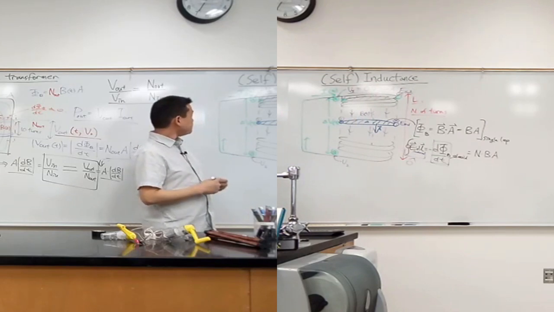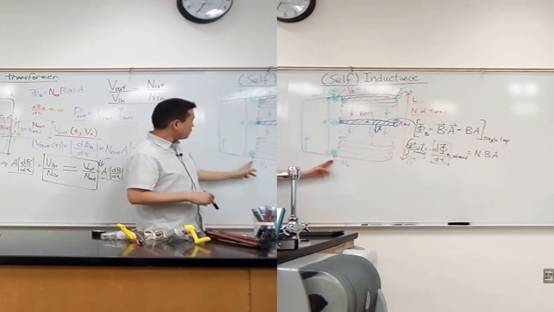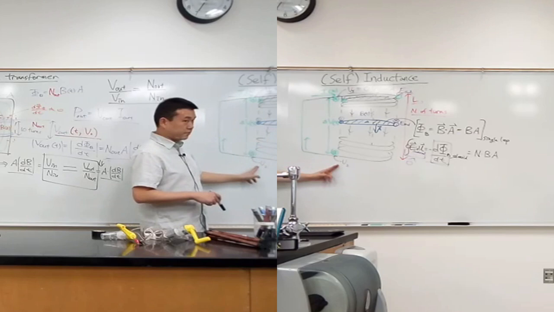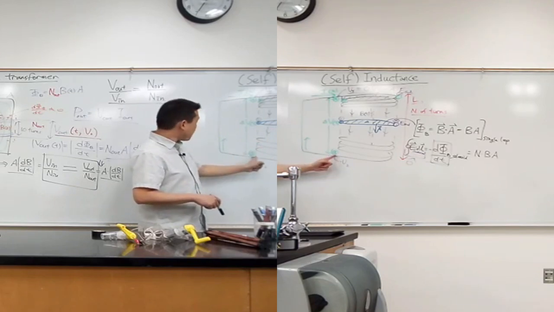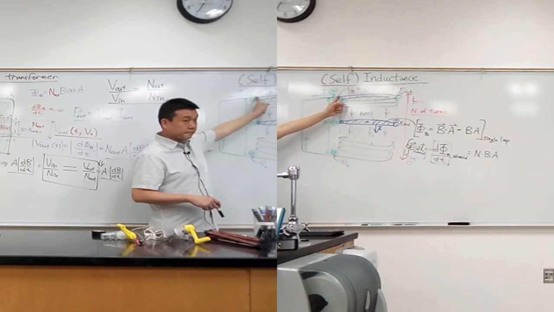Then out, having gone through the loop, out here you have higher voltage, V2. And when I complete the rest of the circuit, I have to come back down to 0 volt.